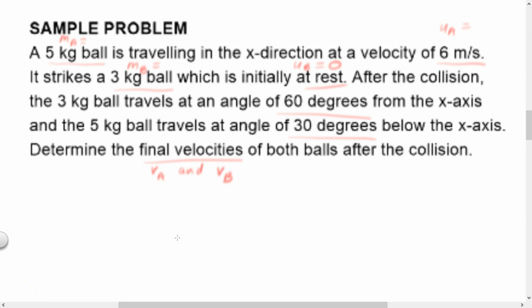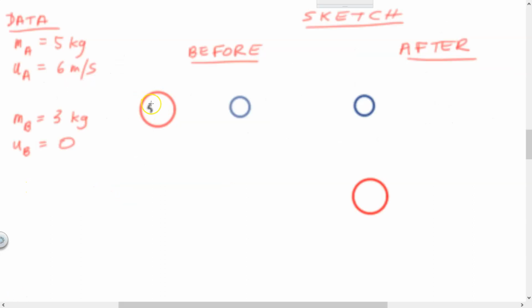So to help make sense of this problem, we need to do a sketch. The 5 kilogram ball is initially travelling at 6 meters per second. The 3 kilogram ball is initially at rest.